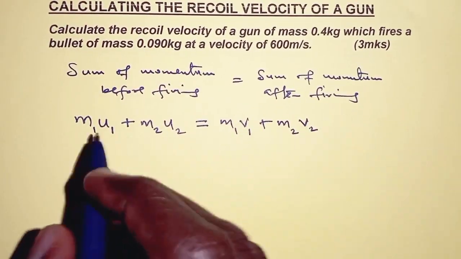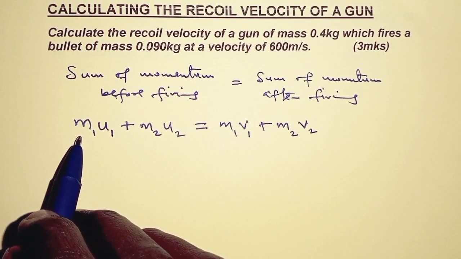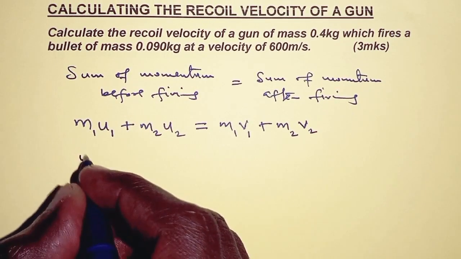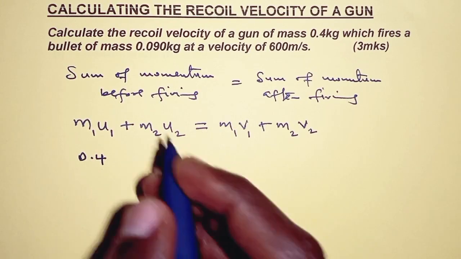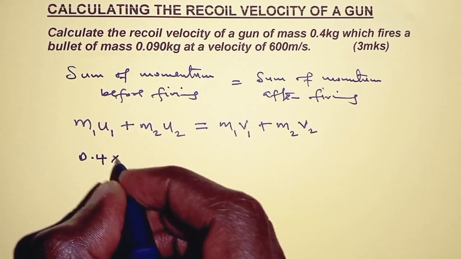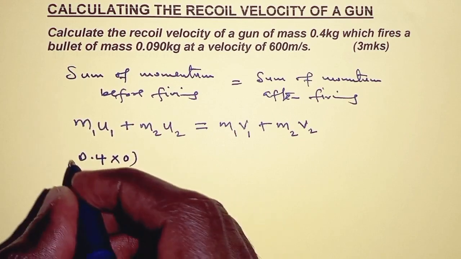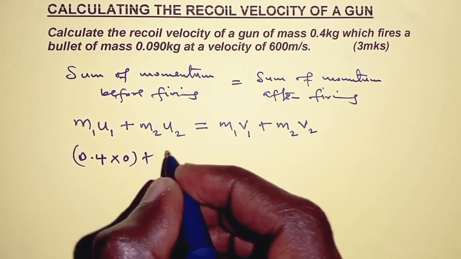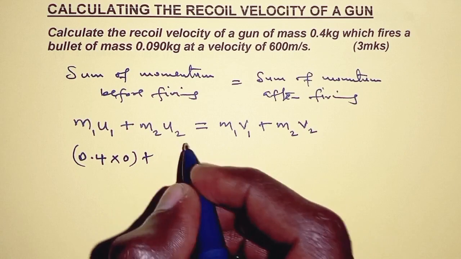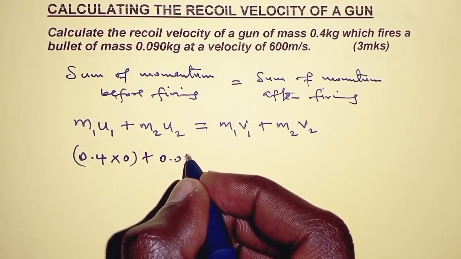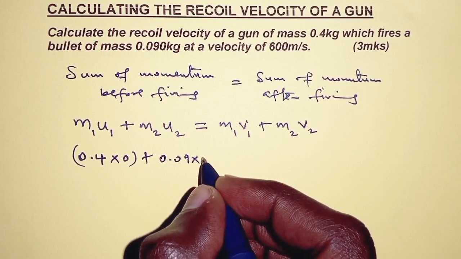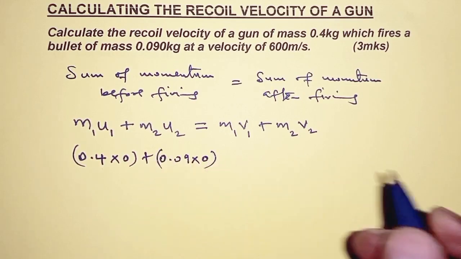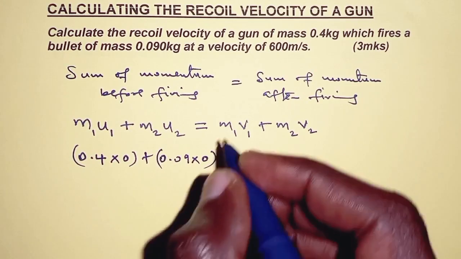So doing our substitutions, we have mass of the gun as 0.4, and before firing both of them are stationary, and that means that the velocity is 0. And here also mass of the bullet 0.09 kilograms times the velocity, which is 0. That is before firing. They are both stationary.